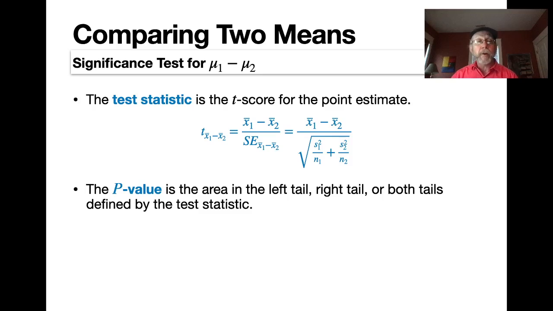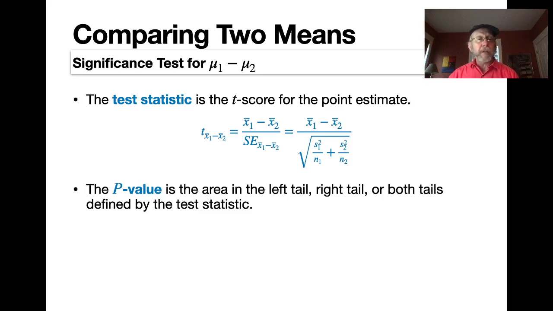And similarly here, the test statistic in a two-sample problem is the t-score, which is an estimate for the z-score of our point estimate. So it's the point estimate divided by its own standard error. And there you see the formula. And then the p-value for the test will be the area in the left, right, or both tails defined by the test statistic.